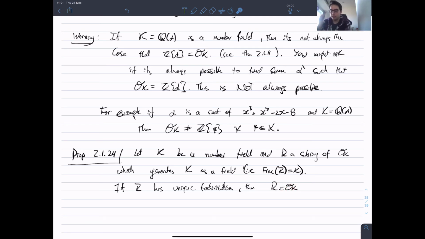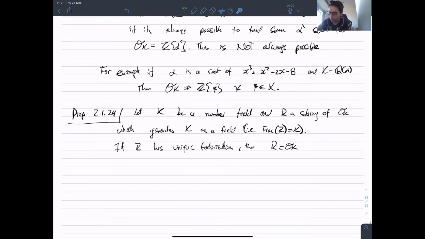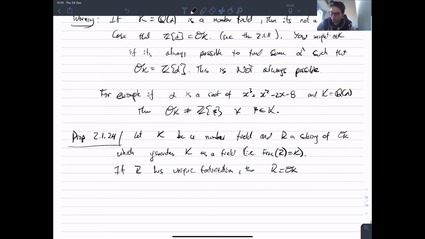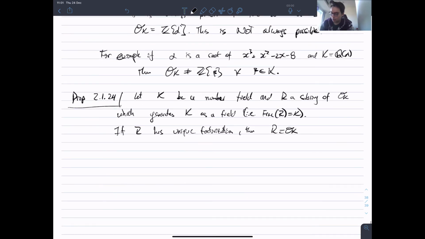You wouldn't be able to have a UFD, unique factorization domain, if your ring wasn't the whole thing already. And so let's prove this. This will be quite useful for checking later on if something that looks like Z adjoin alpha is a whole ring of integers or not.